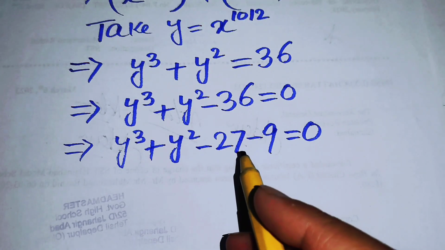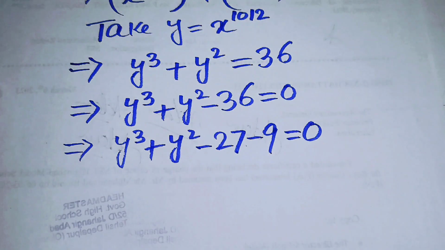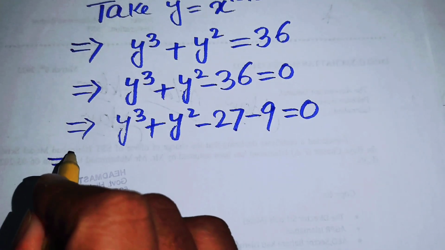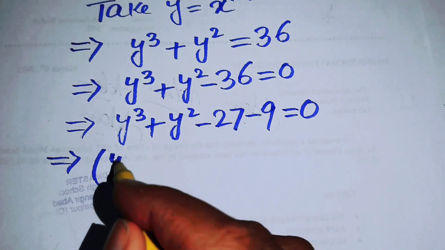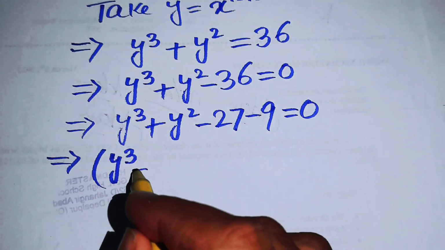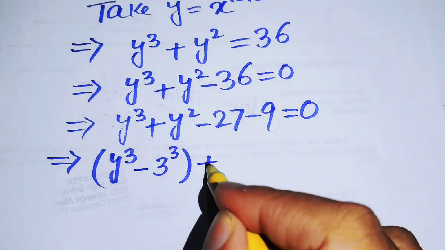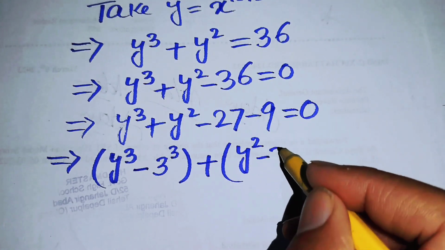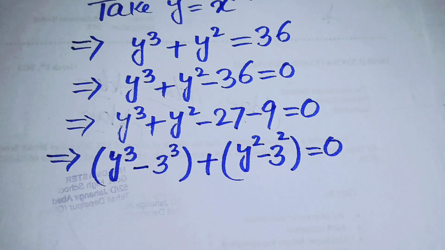You see that when you add minus 27 and minus 9, you get minus 36. Now we will arrange the cubic terms and the squared term. The first cubic term is y cubed, and we have 27, which we write as 3 cubed, and similarly we have y squared, and we write this 9 as 3 squared, and this whole equation equals 0.